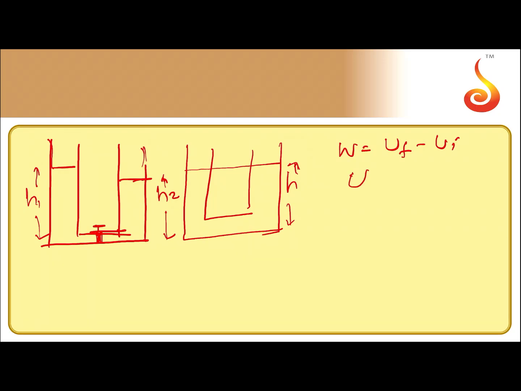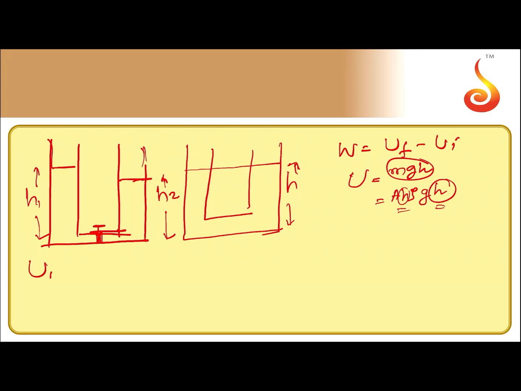Now potential energy can be written as mgh. Here mass can be written as area into height into density, into g into h. But you should be careful about this side and this side, those two are not the same, we'll take that up.